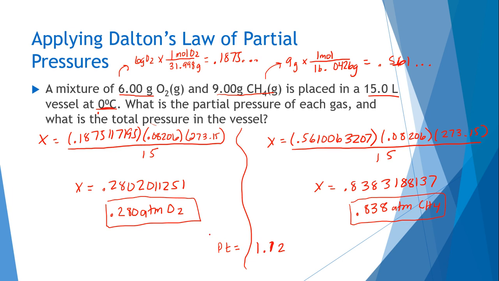Now remember, this is significant figures, and so sig figs, when you add them, are based on decimal places. So here, this is 3 after the decimal. This one's 3 after the decimal. So my answer needs to have 3 after the decimal. So 1.120 ATM is my total pressure of this entire mixture. And again, all I did was add those.